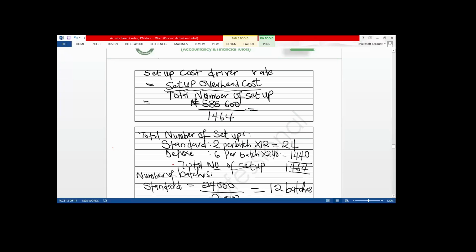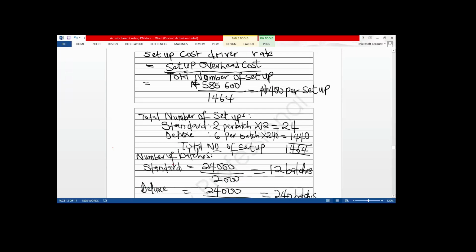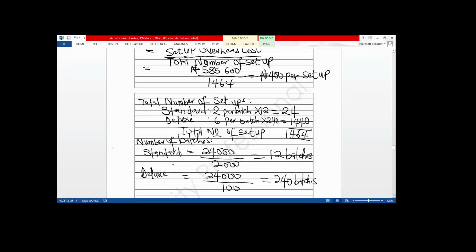What is the cost driver rate here? 400 naira per setup. Thank you. You have resolved the setup cost driver rate.